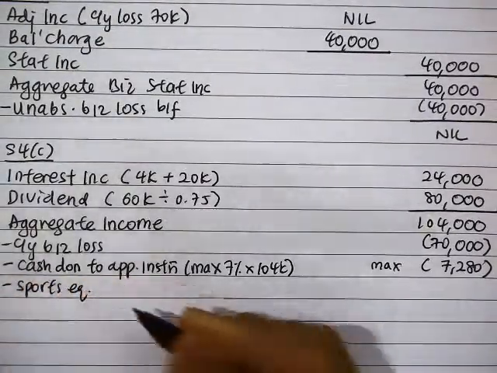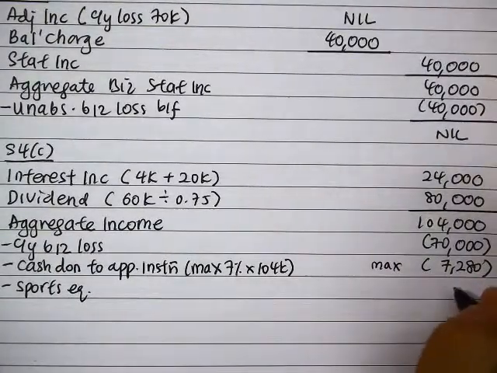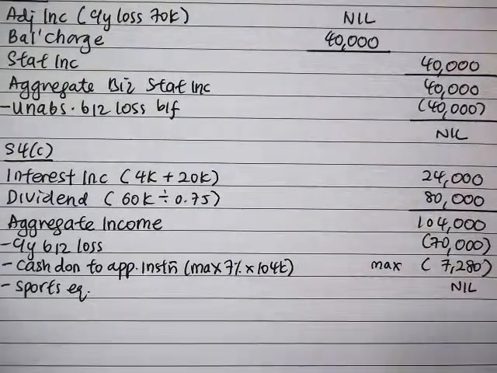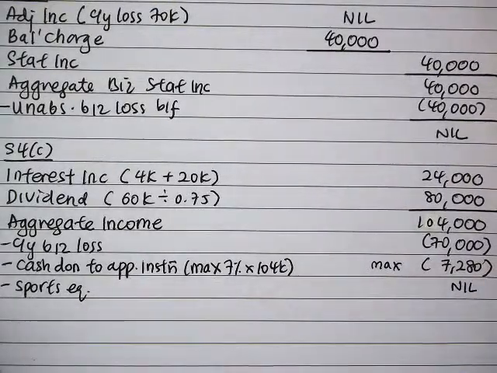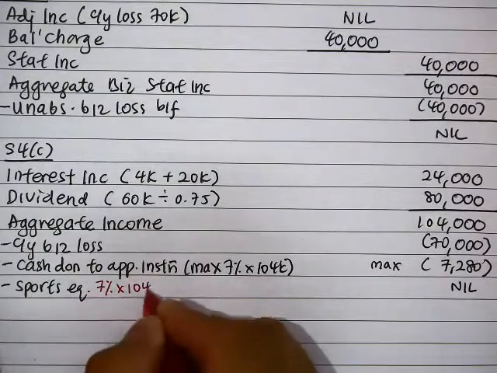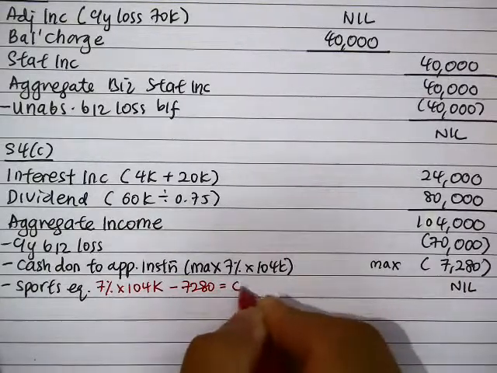Now the sports equipment. Now you see, the moment that figure on top is max, then you wouldn't get any more deduction here because you've reached the limit. Okay, but still the working is important. Okay. Now so 7% of 104 minus 7280, left with nothing.